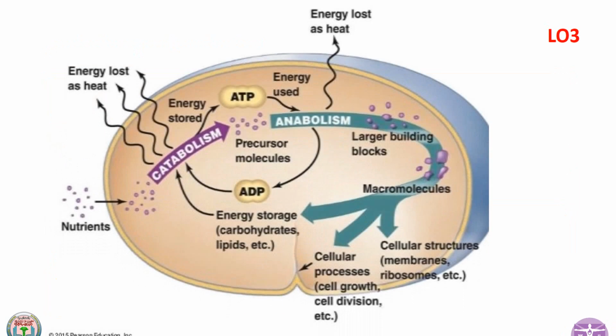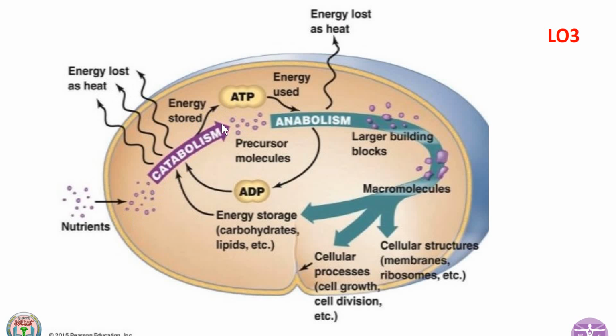We can see in this diagram the metabolism and interconnection between catabolism and anabolism. These are the nutrients when they enter the cell. They will be catabolized to smaller molecules. During this process there will be a release of energy as heat, or the energy is stored, or sorry, it is carried as ATP.